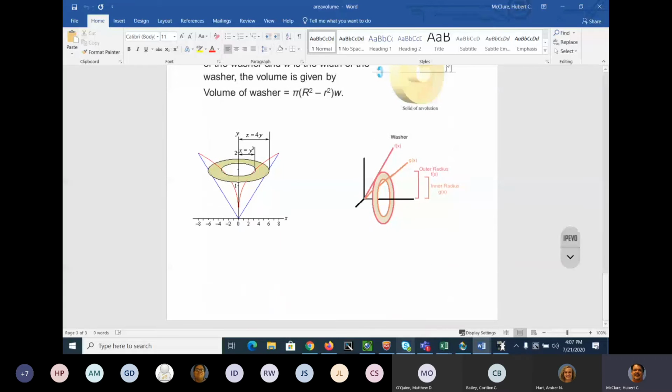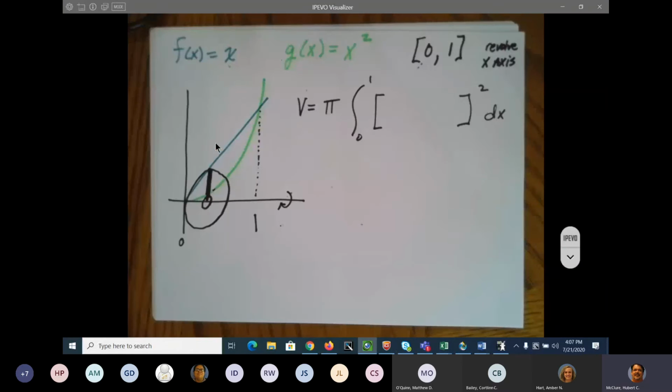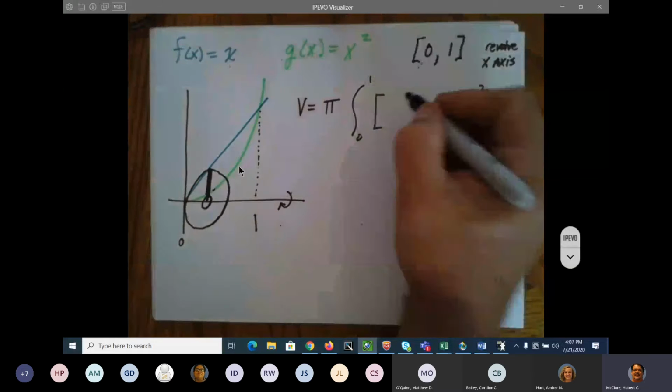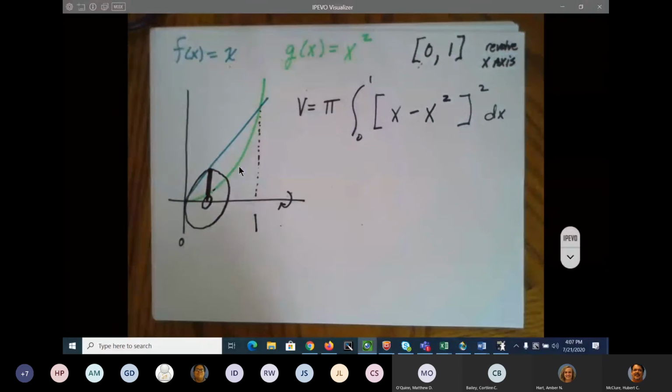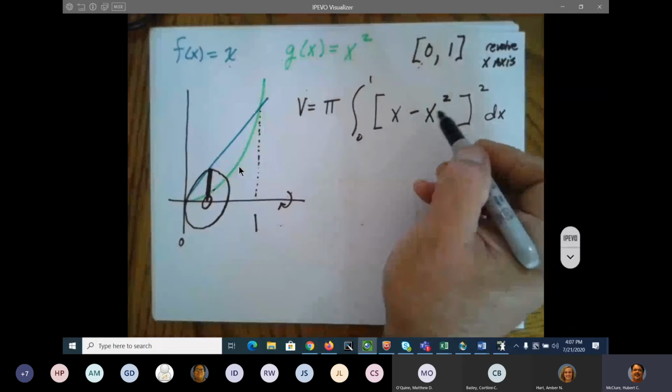So in this case, I've got x minus x squared. Now I could break it up and say x squared minus x squared, squared.